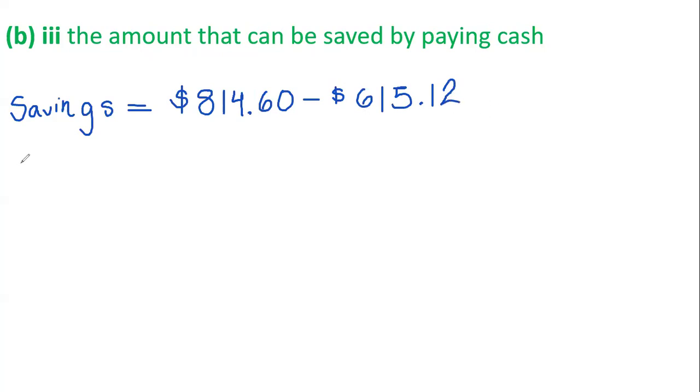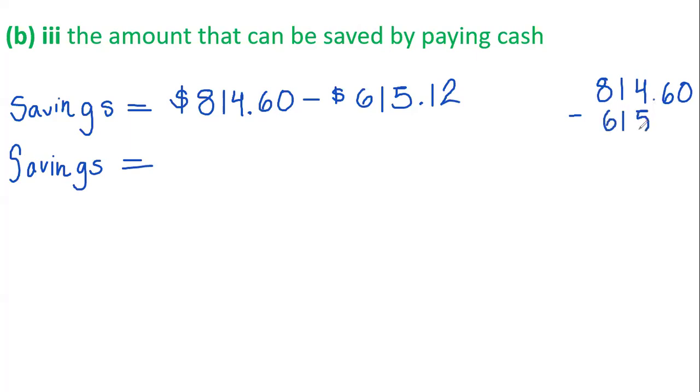So the savings is gonna be equal to, let's do the subtraction. 814.60 minus 615.12. 0 minus 2, we can't do that.